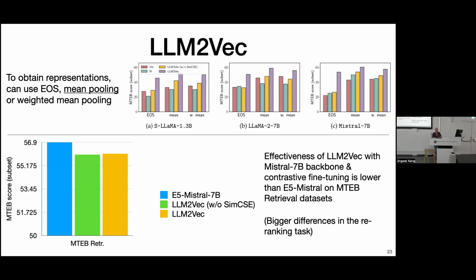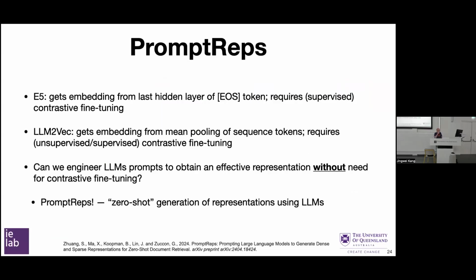And what they found is that in that case, mean pooling was working best. So they are considering all the token embeddings. And okay, the effectiveness is not as good as E5, but certainly it has less training done.